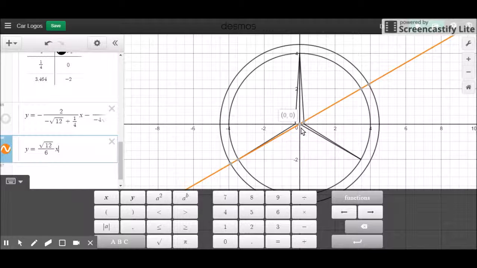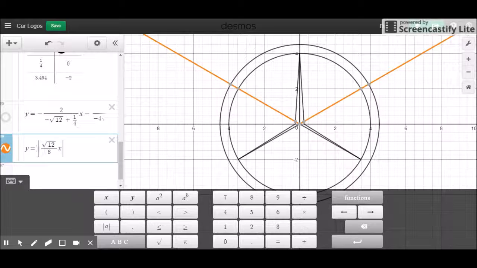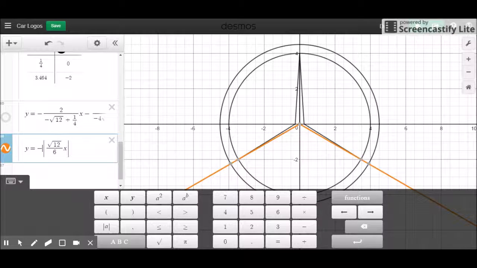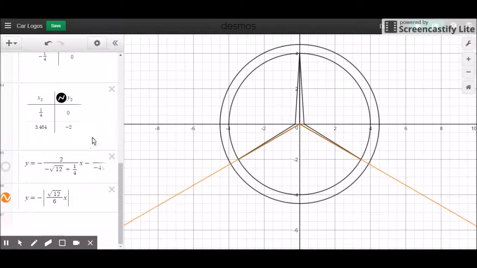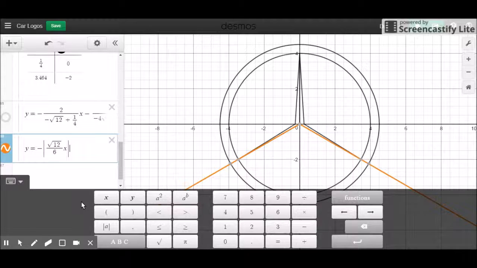Okay. All right. So now we want to find what is this other line right here. With this first one, we're going to use the absolute value of it. I'm just going to flip it upside down. And we just change the y boundaries to go from -2 way up to 0.